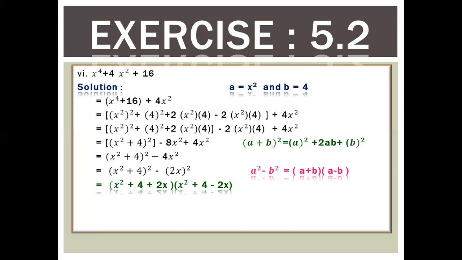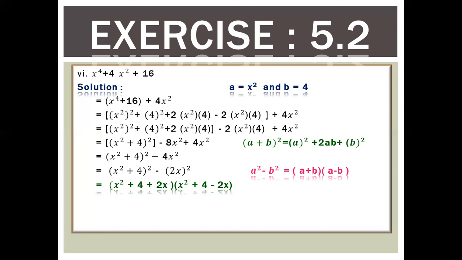I told you that we add and subtract the same term in the same expression, because this is an algebraic rule that if we add any term in any expression, we must subtract the same term from that expression. So we add 2x²·4, and beside it we write minus 2x²·4.